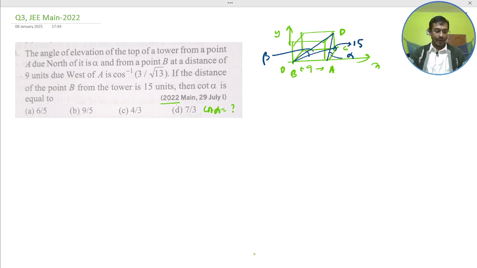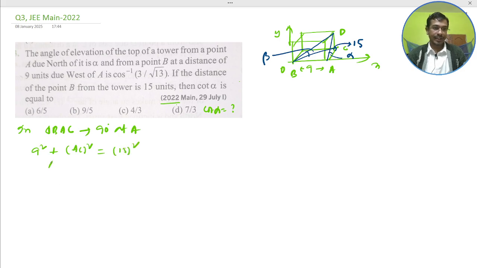So in triangle BAC, this is C. So in triangle BAC, the 90 degree at A, right angled triangle. So we just apply the Pythagoras theorem, that 9 square plus AC square equal to 15 square. We just get this value of AC, 12.